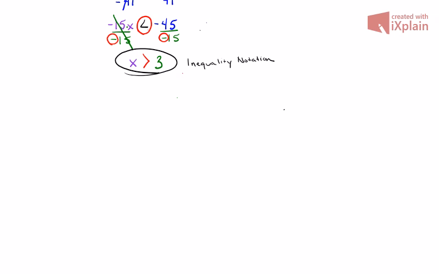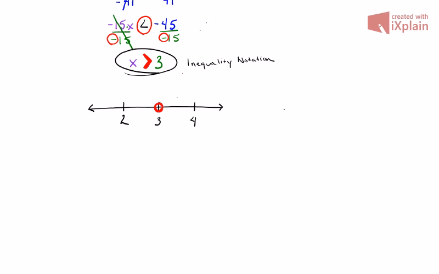So the next one that we're going to look at is going to be the number line. So I'm just going to draw a horizontal line here. I'm going to put 3 in the middle, and I might just put 4 and 2 just to see those numbers. We don't have to start from 0 or show any negative values if we don't necessarily need it. So because I am just dealing with a strict inequality of greater than, that tells me that I should use an open circle.